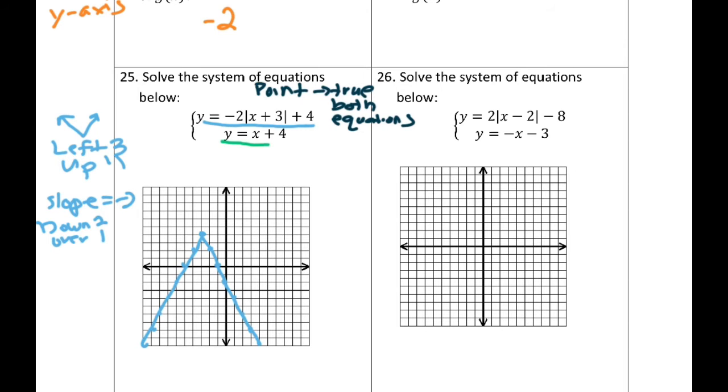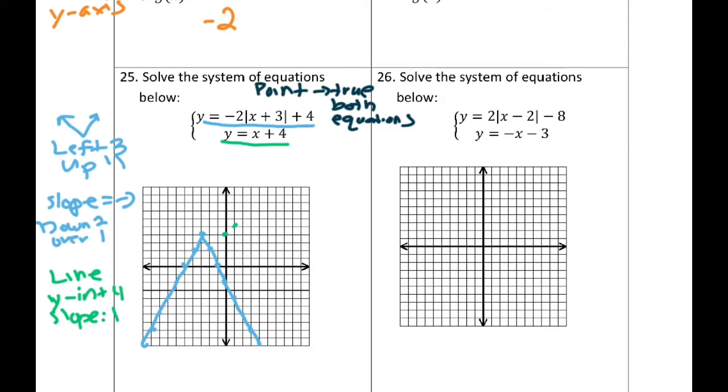Now my next equation, the y equals x plus 4, this is just a line with a y-intercept of 4 and a slope of 1. So I go to a y-intercept of 4 and a slope of 1.